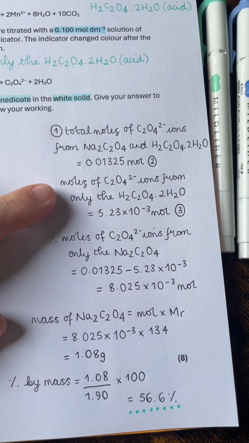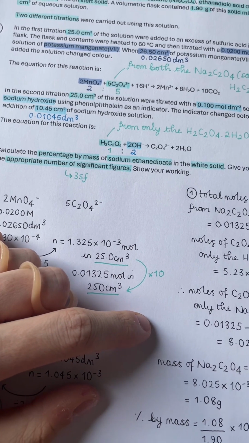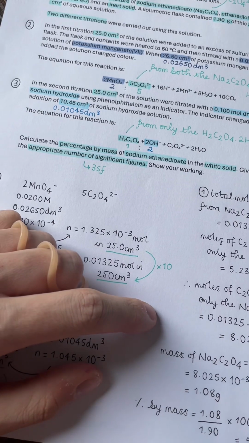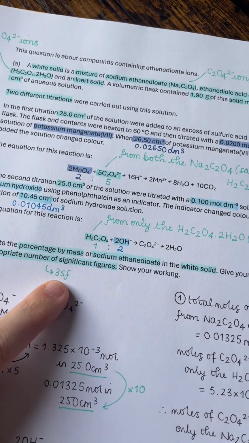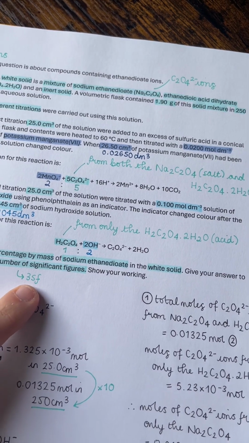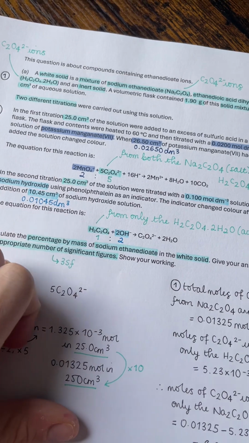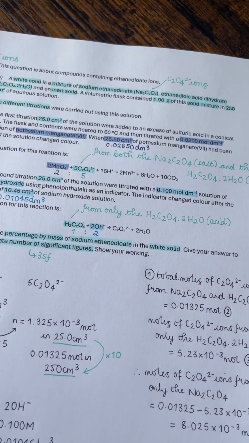So if we're trying to, in this question, calculate the percentage by mass of sodium ethanoate in the white solid and give our answer to the appropriate number of significant figures, which is 3, because all of the numbers are to either 3 or, for the titration titres, 4 significant figures, and we always have to go with the lowest number of significant figures, which is 3.